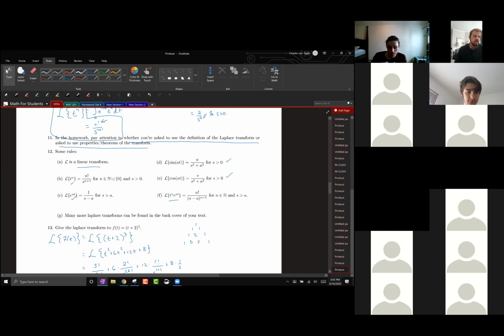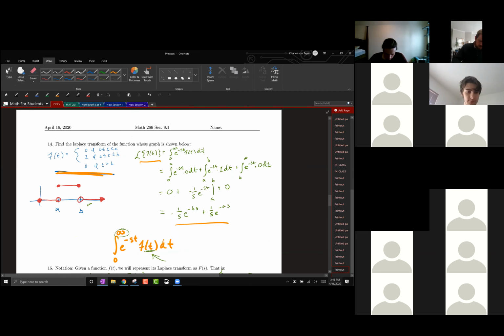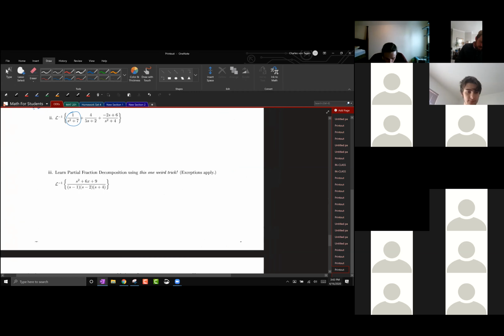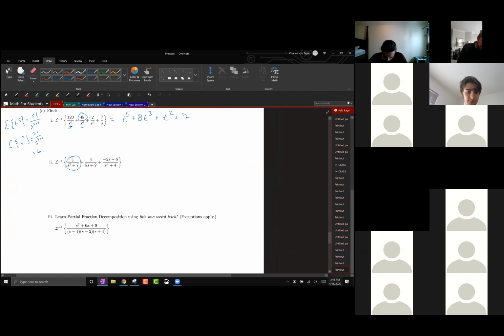I think it looks closest to D there. Okay, let's go back and look at the structure of that. It looks like we've got a number over S squared plus a number.